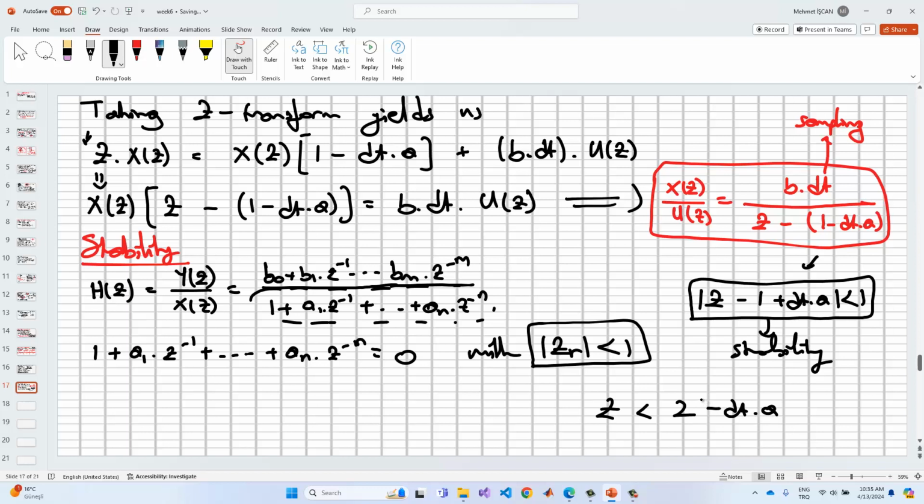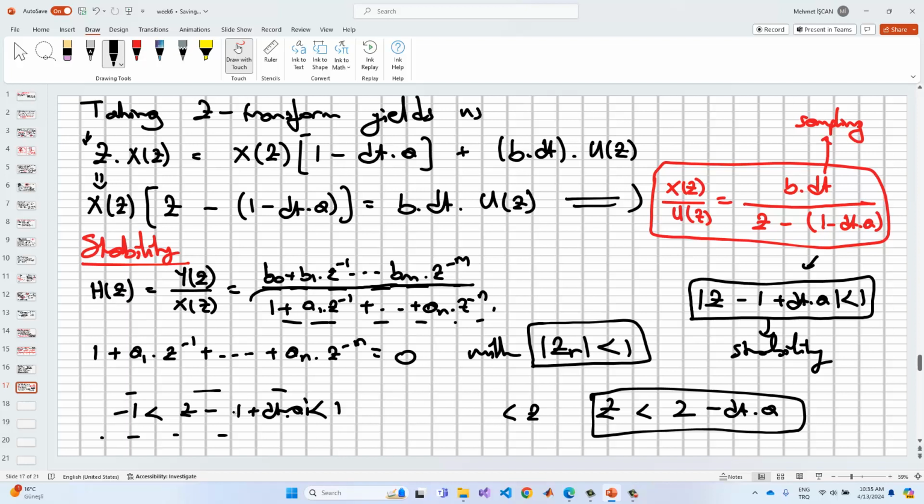Okay, this is the condition. Or minus 1 to 1, this is the first condition for our system. The other condition comes from these equations, just like this one. If we have this equation, dt a must be smaller than z, or the roots of z.